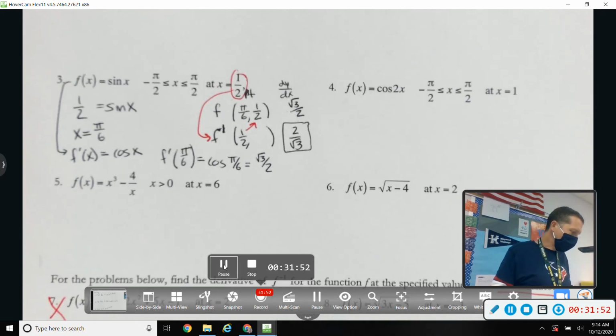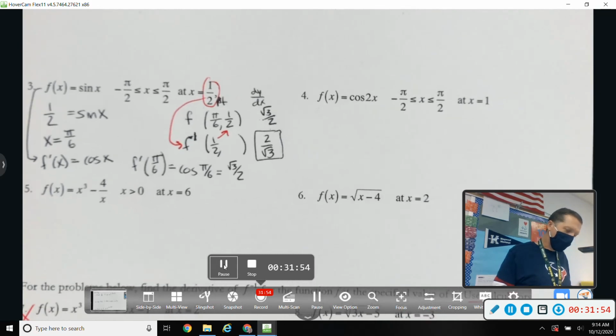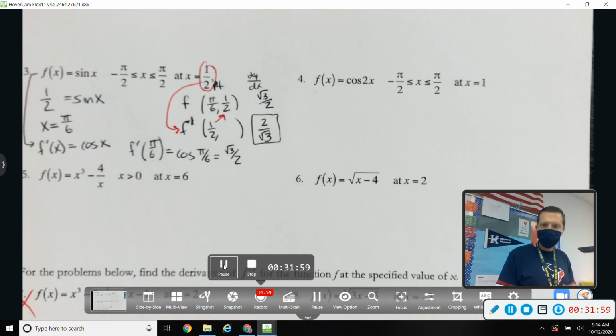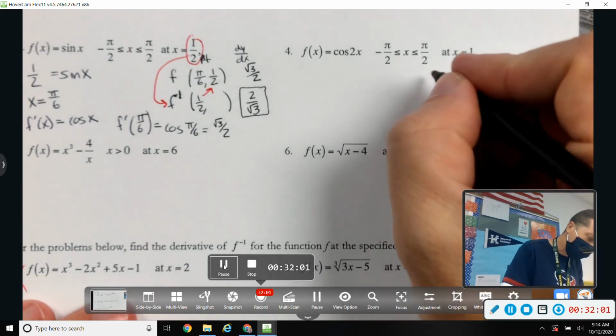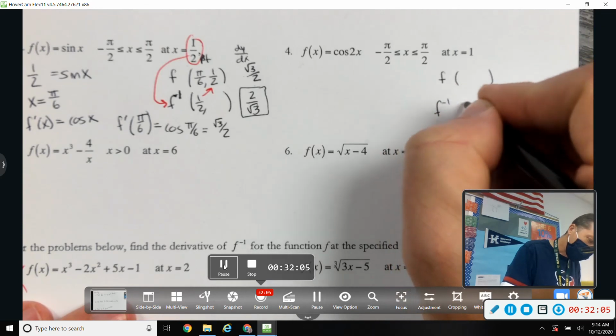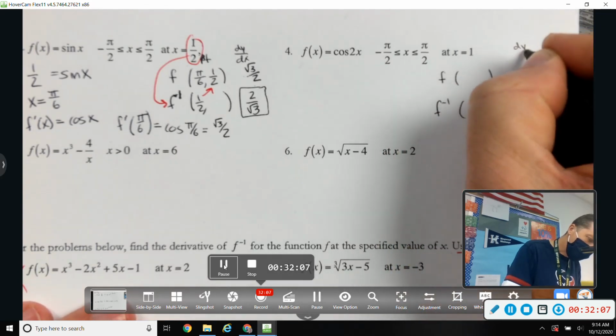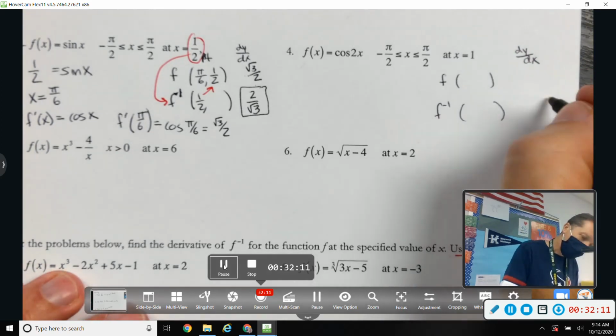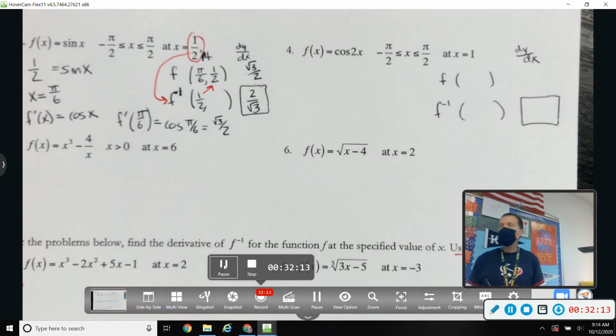So my encouragement to you is to set up that little table thing. Let's start number 4, and we'll have to abandon ship after a little bit. But I think the table thing is helpful. F inverse with a point and a slope. And the answer we're always going for is the derivative of the inverse, but we just have to wind our way there.